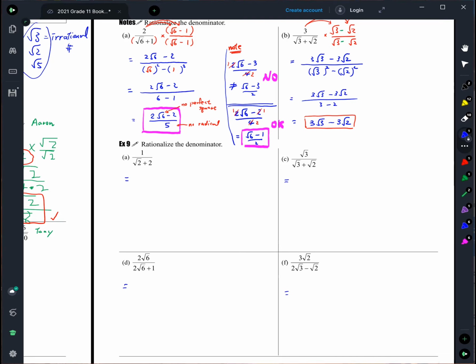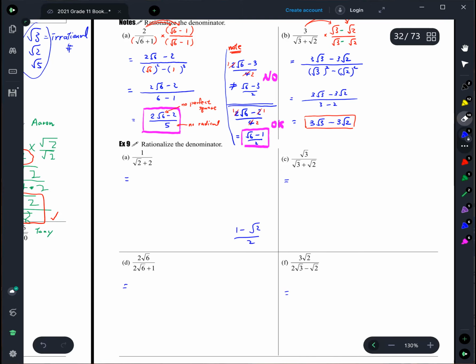All right, so let's take a look at question A first. Wilson, what's your final answer for A? This might be a bit weird. It's 1 minus square root 2 over 2. Oh no, the 1 is by itself. It's not over 2. So 1 minus root 2 over 2, like that? Yes, like that.